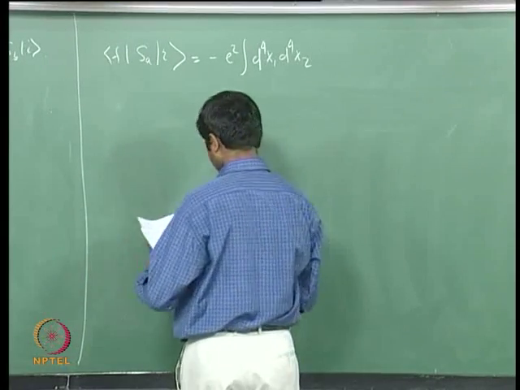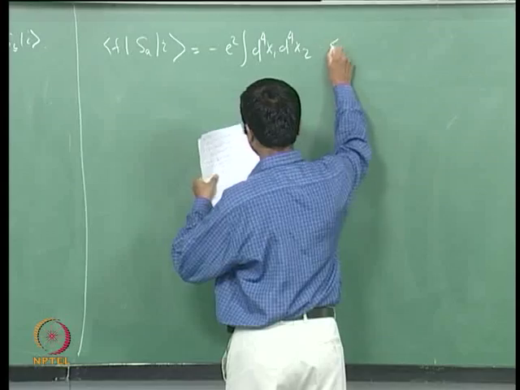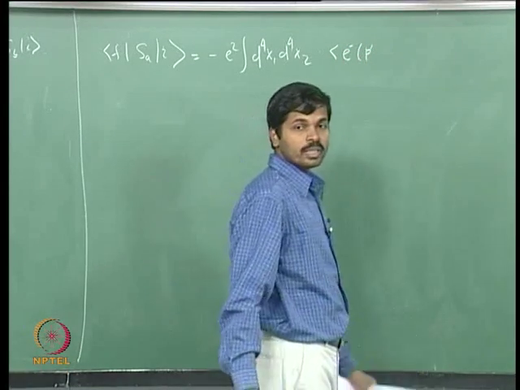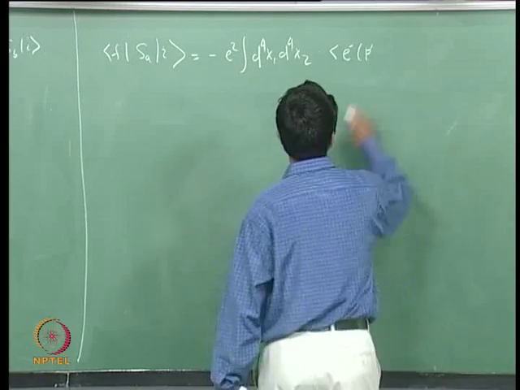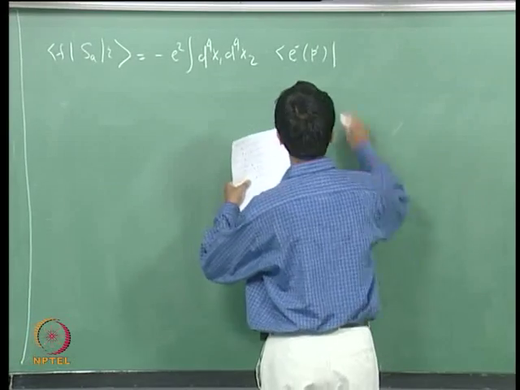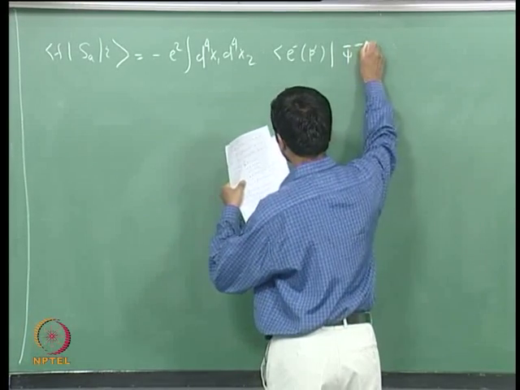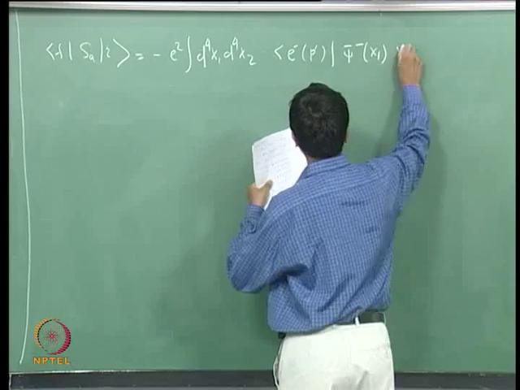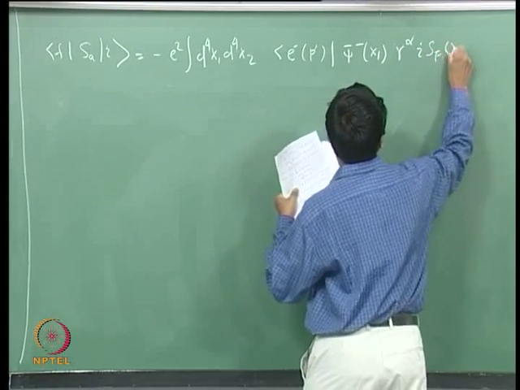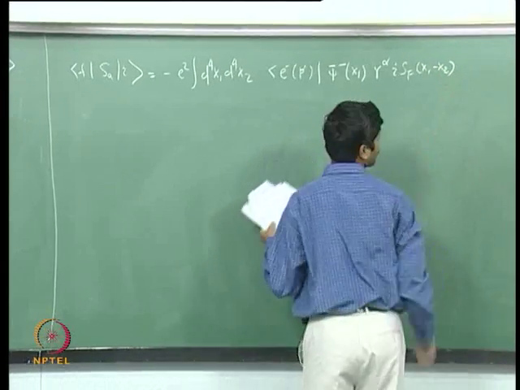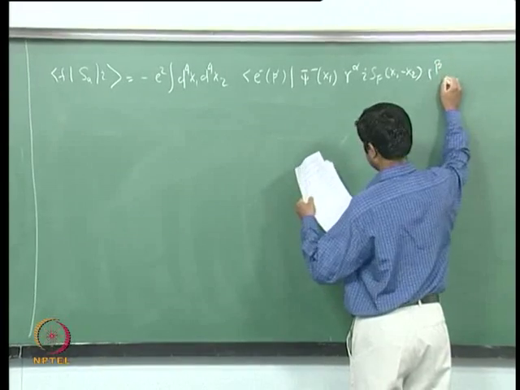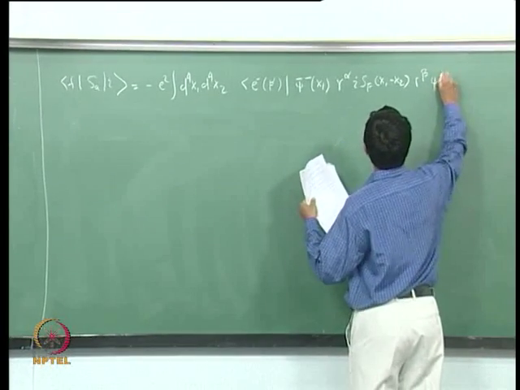what I can do is just consider the inner product ⟨e⁻ p′|. Let us suppress the spin index for the moment. We will keep track of the spin indices later on. ψ̄⁻(x₁) γ^α iS_F(x₁ − x₂) for the fermion propagator, then γ^β ψ⁺(x₂).